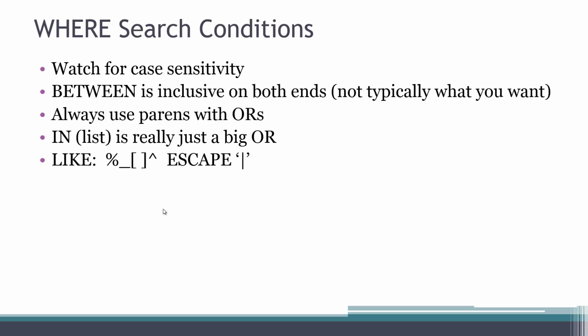And that's probably not what you were looking for. You see this again on dates. If you're looking for orders placed between January 1st, 2012 and January 1st, 2013, and then you run another query to get the ones between January 1st, 2013 and January 1st, 2014, if you happen to have an order that's exactly January 1st, 2013, it'll show up in both results. And that's not going to be what you want.